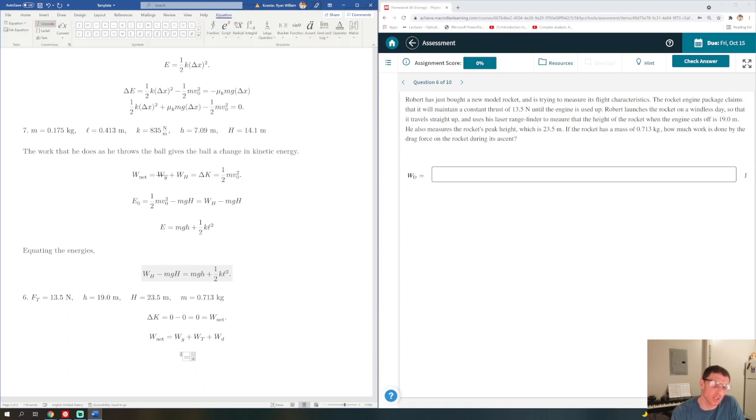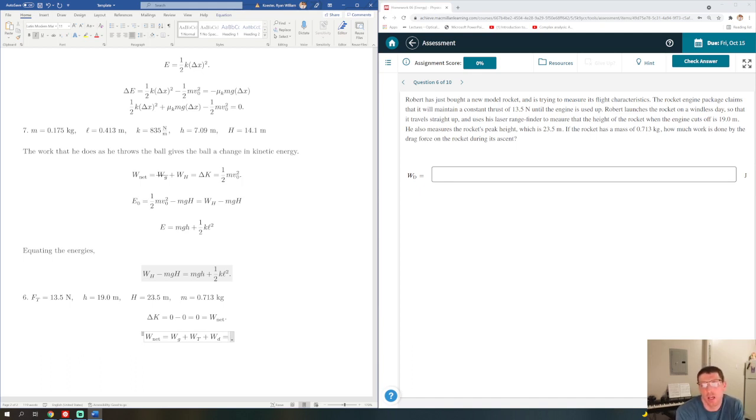So we just have to fill this in explicitly. Let me just do that here. So the work done by the gravitational force will be over the whole trajectory, or I guess half trajectory if you think about it coming back down. But what that means is that it's just the gravitational force times the maximum height this thing reaches.